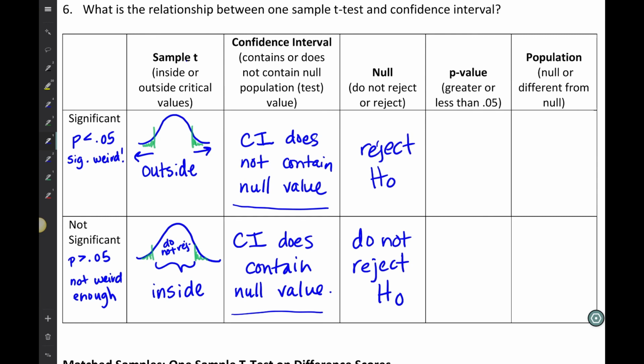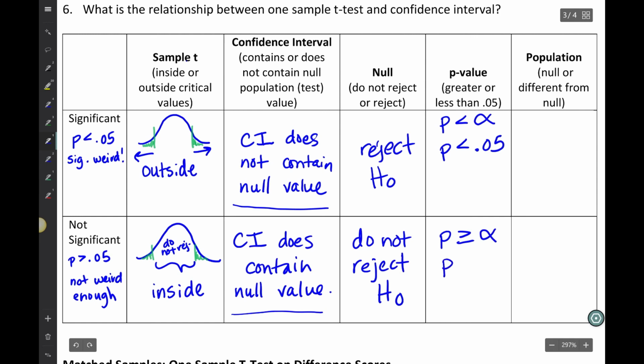So when it's significant, this is when our p-value is less than 0.05. It's less than our alpha. If it's not significant, then that means it's not less than alpha. It's bigger than or equal to 0.05.